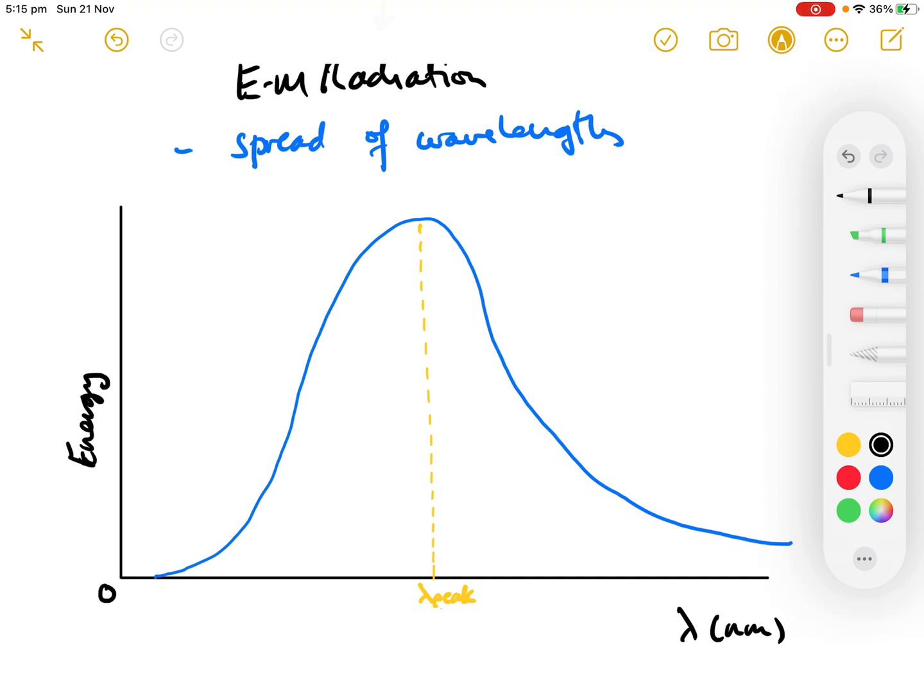So it is emitting over quite a wide range of wavelengths, but it gives off more energy at one specific wavelength. And this is the pattern for all stars. Now the other thing that we've discovered is that this particular spread of wavelengths corresponds to a star of a particular temperature. So for example, I would like this one to be a temperature at its surface of 5,500 Kelvin. That's the surface temperature.